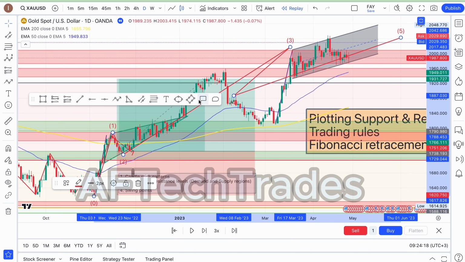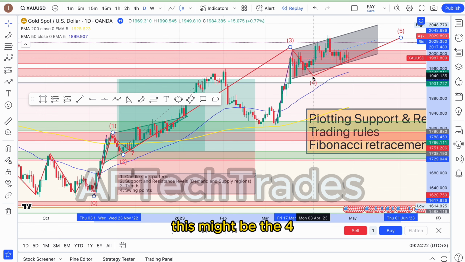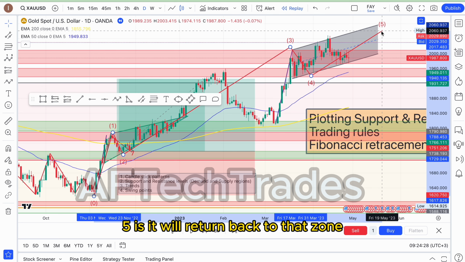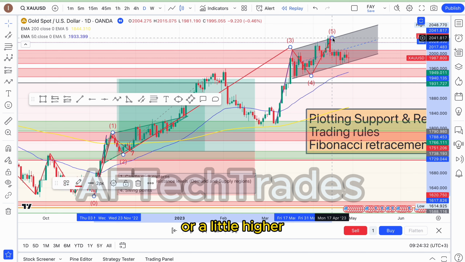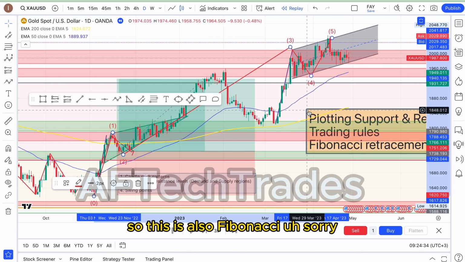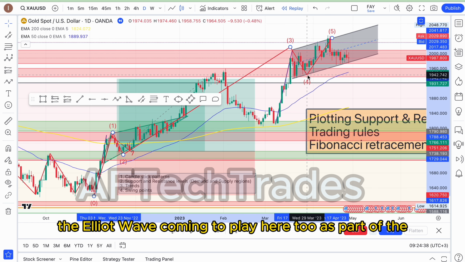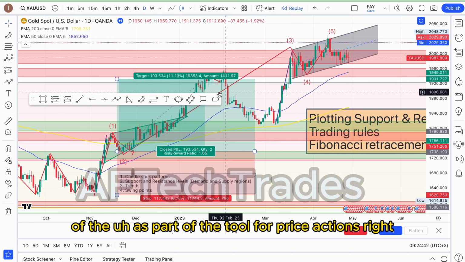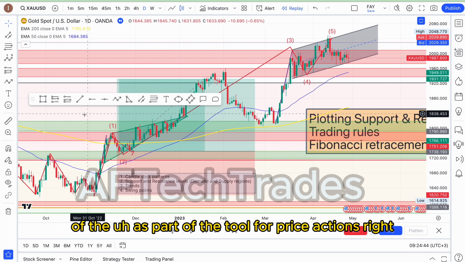Then 4 will come. This might be the 4, I don't know. And 5 will return back to that zone or a little higher. So this is also Fibonacci, the Elliott wave coming into play here too, as part of the tools for price action.